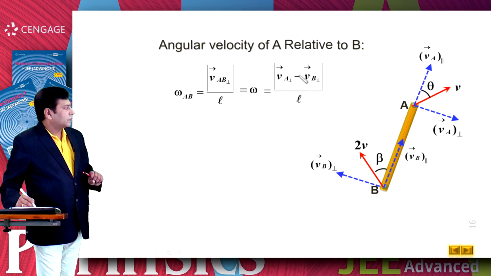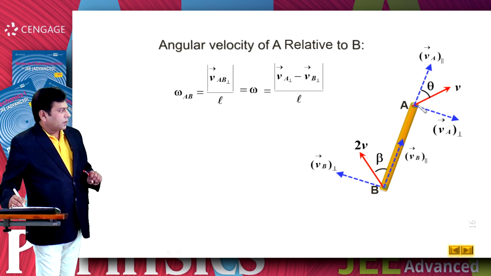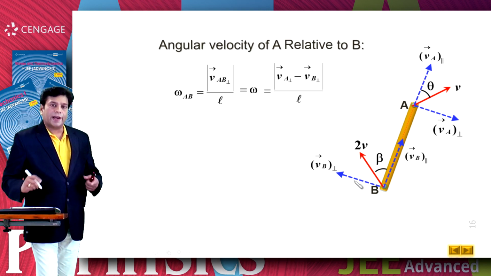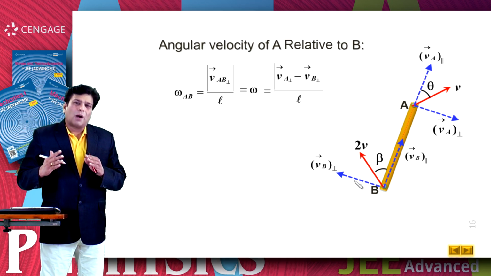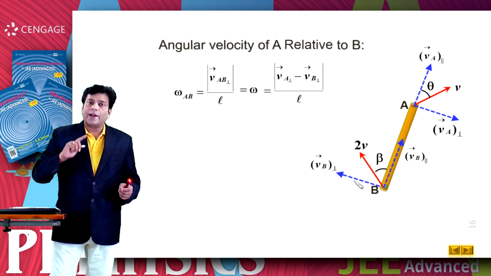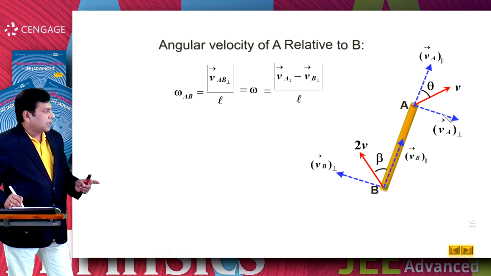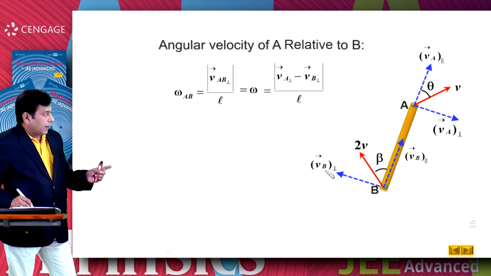And here we can observe these components are in opposite direction. If we take one direction as positive, opposite to that direction we need to take negative. So we need to add these components, or let us write in the systematic way. We can write here VA perpendicular minus, and with negative sign, minus VB perpendicular.